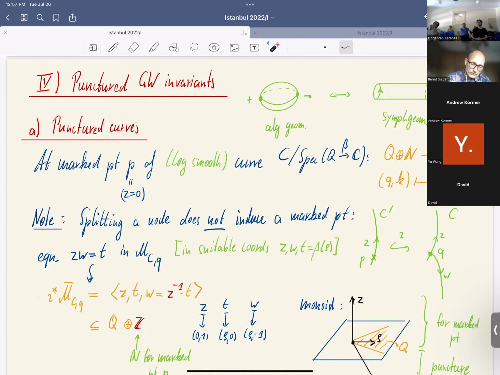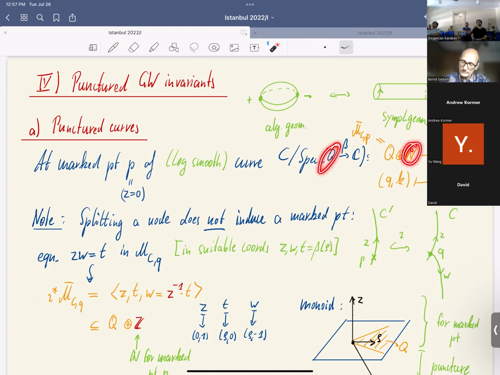So we recall first that at the marked point P of a log smooth curve, so a log curve C over, let's say, a log point with monoid Q, what's the log structure at this point? So this is the M bar, the stalk of M bar at P. That's Q direct sum N, where Q is the base monoid.